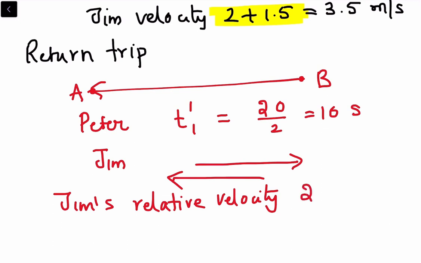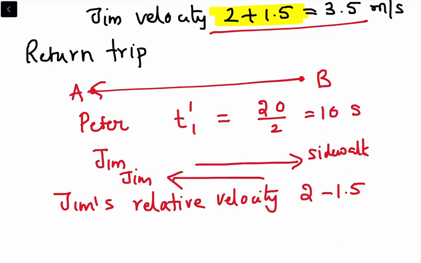Now it is 2 and the sidewalk is moving in the opposite direction. Therefore, 2 minus 1.5. Earlier we did 2 plus 1.5, but now we do 2 minus 1.5, which is 0.5 meters per second.